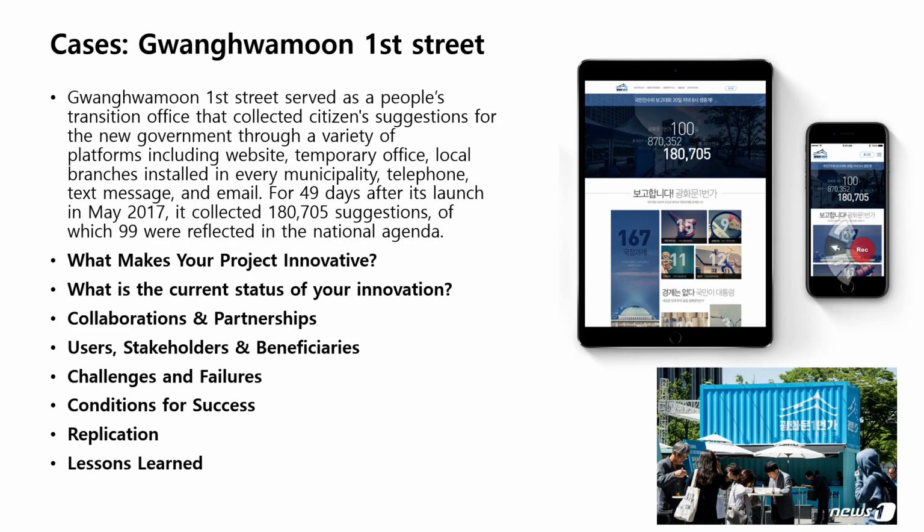The revolutionary experiment of Gwanghwamun First Street has allowed the ideas of ordinary people to be reflected in the national agenda, which will be executed by the administrative bodies over a 5-year period. A total of 99 suggestions from citizens were included in the details of the 100 national agenda announced on July 13, 2017.